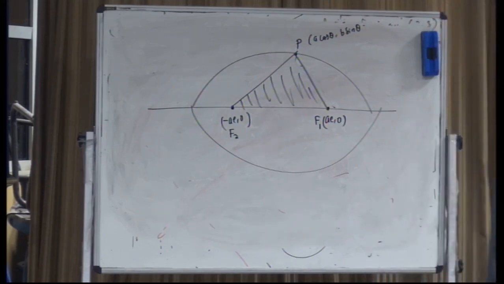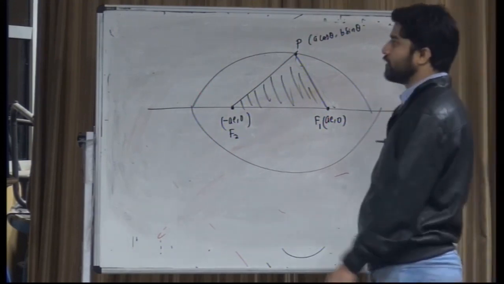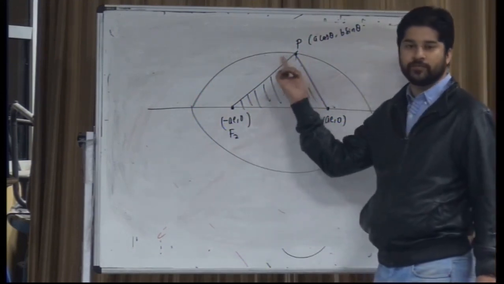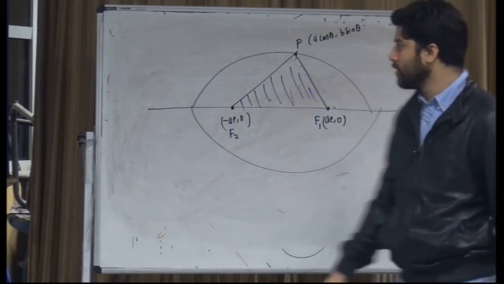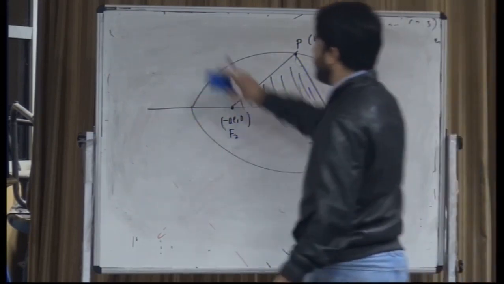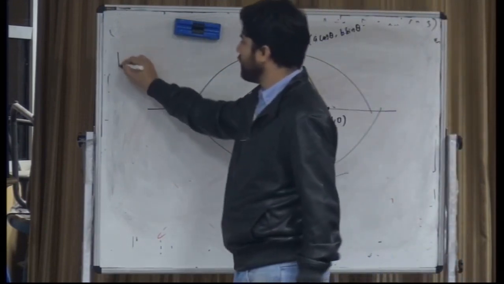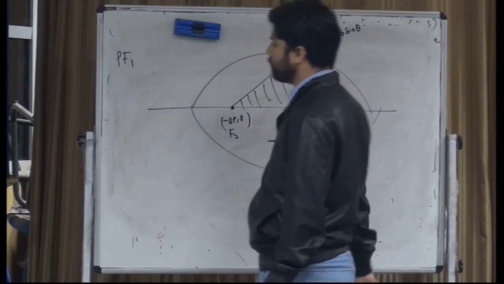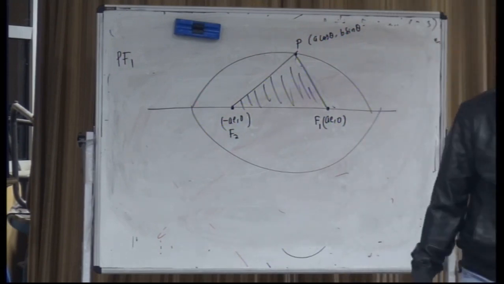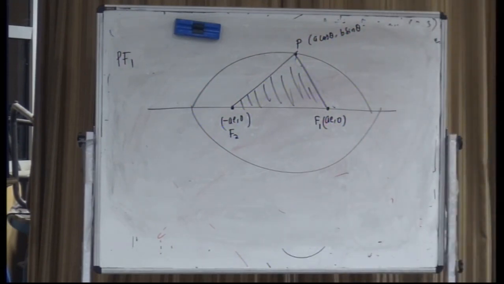What is it called? Focal triangle. फोकल triangle बनता है दो foci and one of the moving point. Just tell me what should be the length of PF1. Distance formula लगाना चाहिए या directrix का concept लगाना चाहिए?